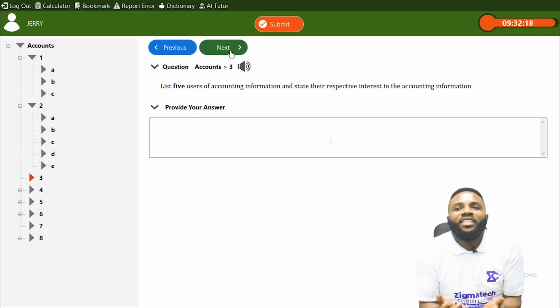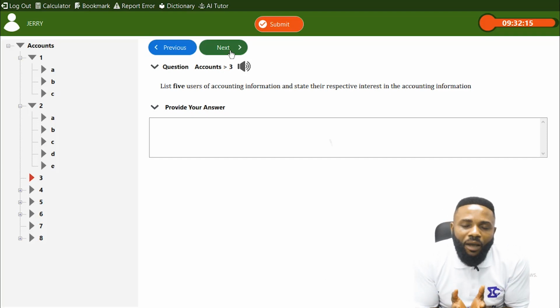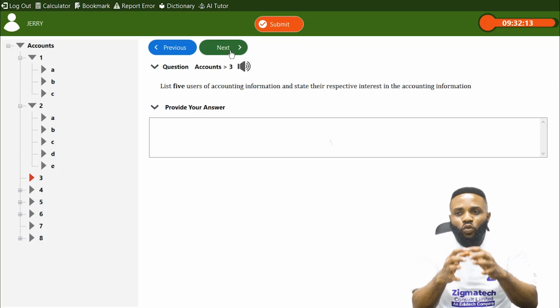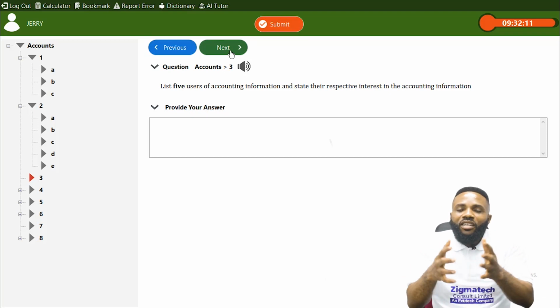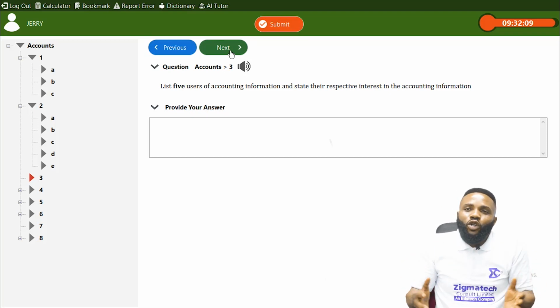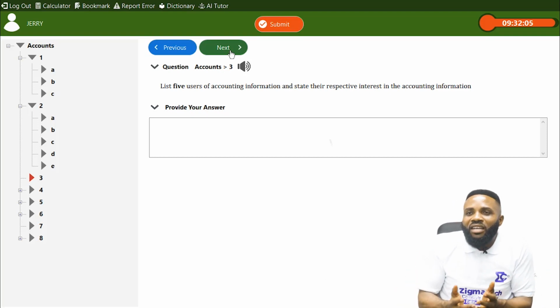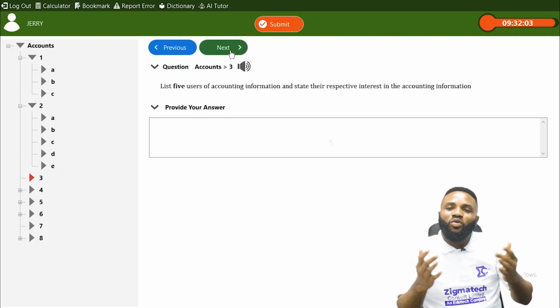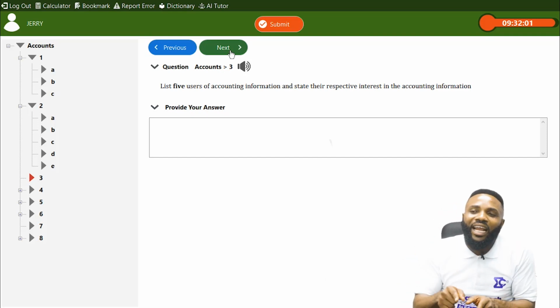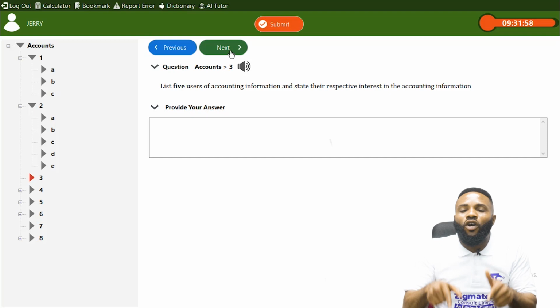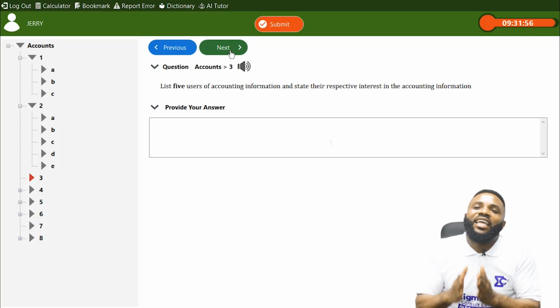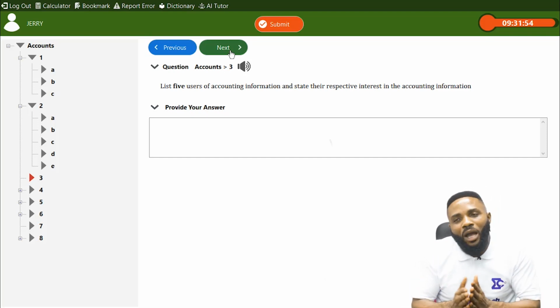We used to think that whatever we prepare is just within the interest or within the consumption of the people within the organization. Maybe probably the management, employees, they want to see if they are doing well. But we have come to realize that outside these persons in the organization, there are other parties that are interested in the accounts we are preparing.